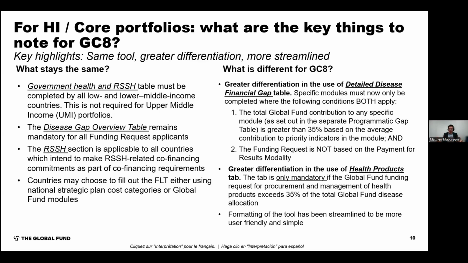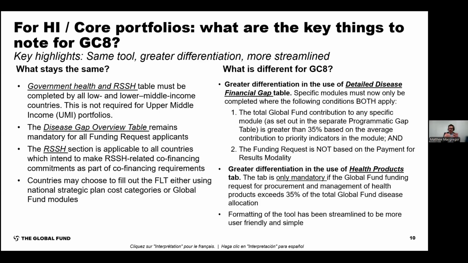What is different for GC8? We've tried to differentiate the use of the tool to really focus the tool on where it matters most. So one of the ways we've done that is with the detailed disease financial gap table. That is the table within the tool that captures the breakdown of financing of the national response at the intervention level.